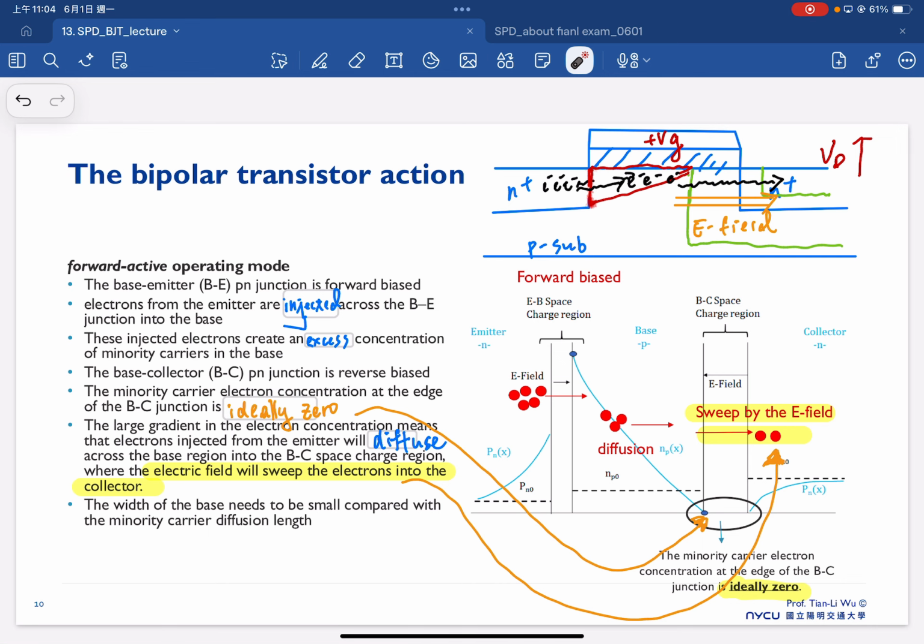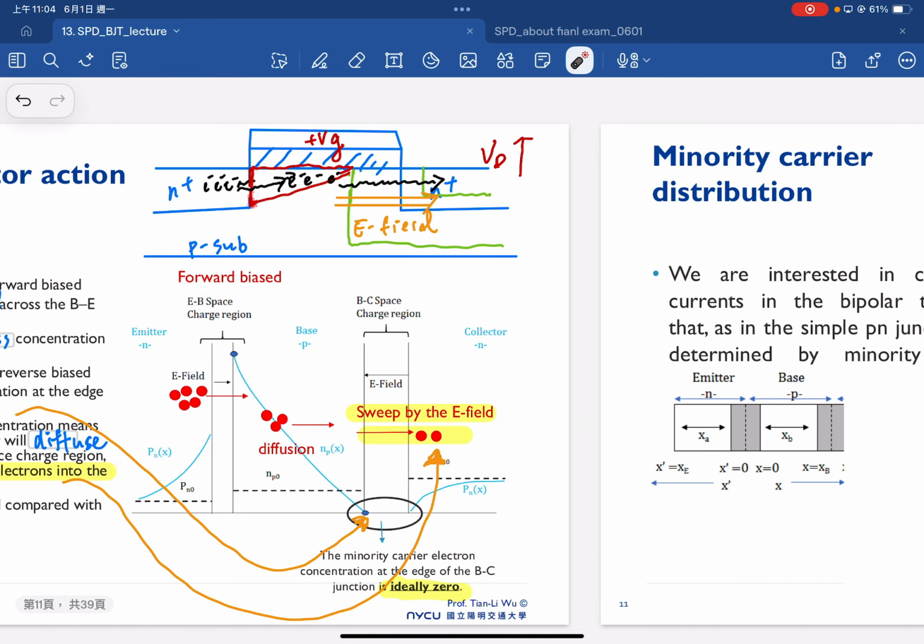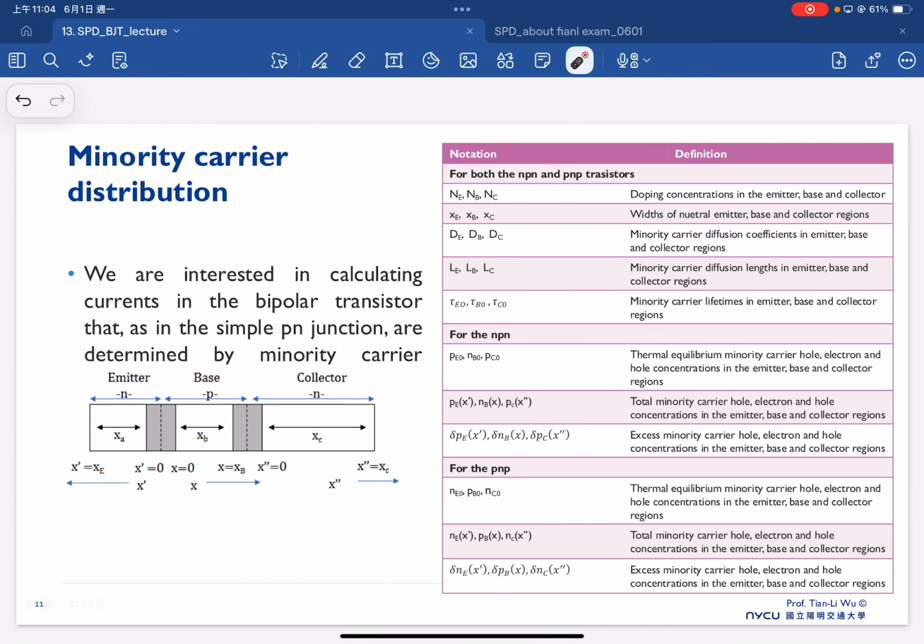So let's start back with the BJT here. After we understand the mechanism, the next step is to think about how to derive the equations. From the derived equations we are interested in calculating currents in the bipolar transistor, similar to the simple PN junction.